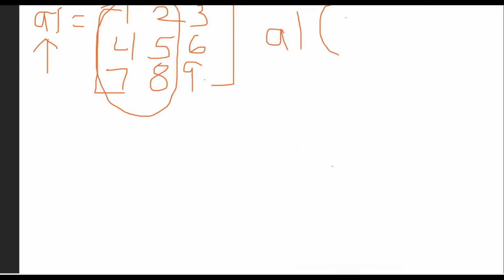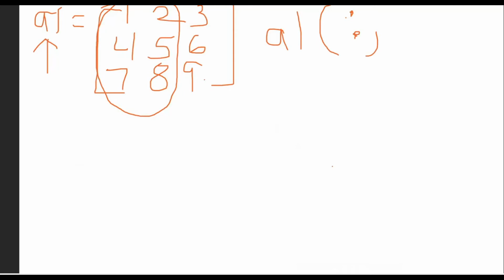It looks like we're getting all rows, right? There's 3 rows and we're getting all 3. So what happens when you want all? Colon. Colon notation allows you to get all. And how many columns are we getting? In this particular case, we're getting 2 columns, columns 1 and 2.